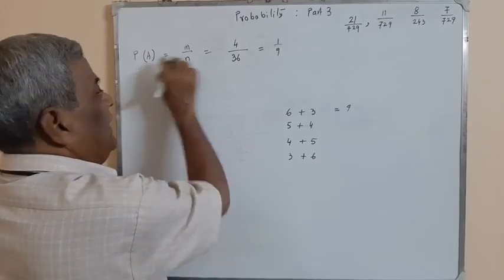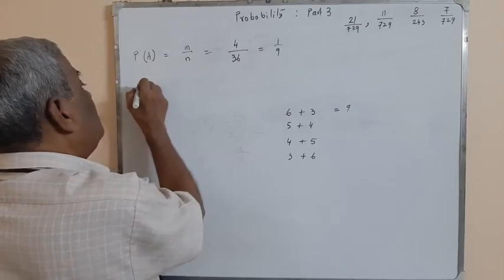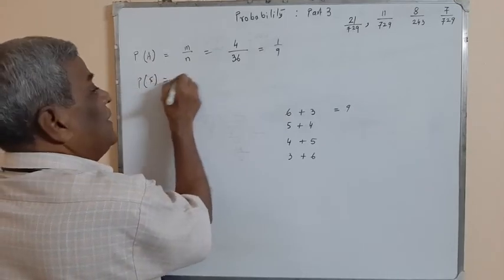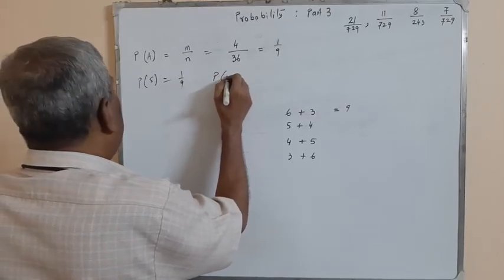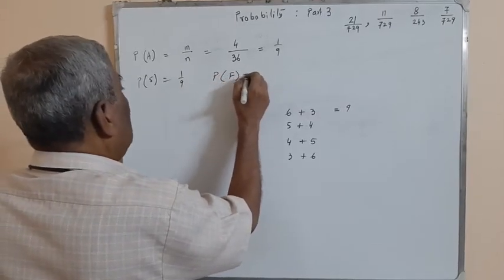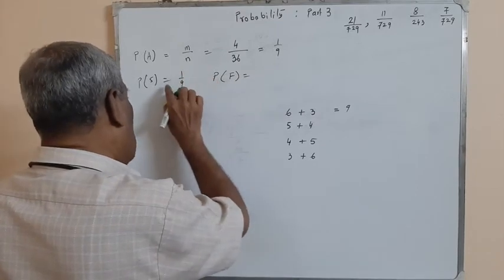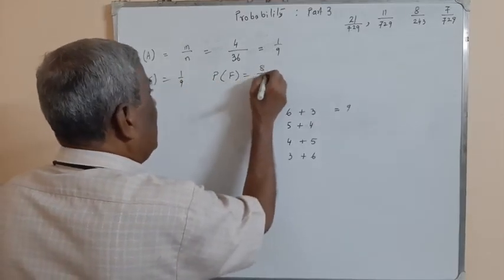So probability of success is 1 by 9, otherwise it is failure. Probability of failure is 1 minus that, so it is 8 by 9.